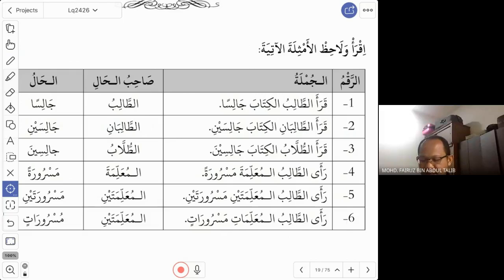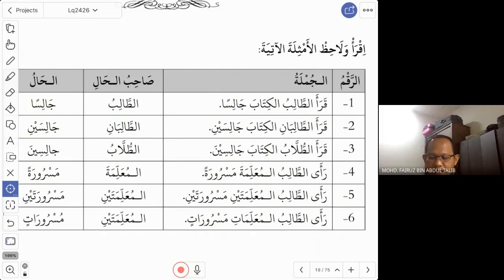Wal jumlatu sadisa, now this is for jama, muannas and jama. So ra'a at-talibu al-muallimat, this is the jama, muallimat, and the teachers, they were happy. When the students saw them, the teachers were happy. So muallimat masrurat. If you look at the word masrurat, it's now changed to a jama word because the sahib al-hal is also a jama word.